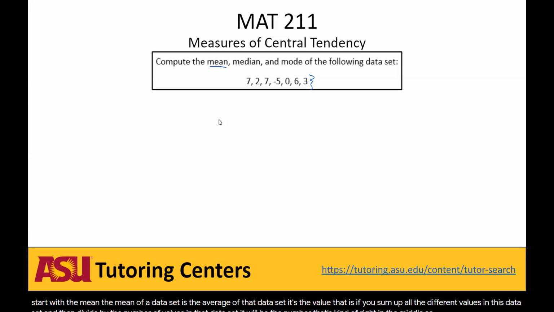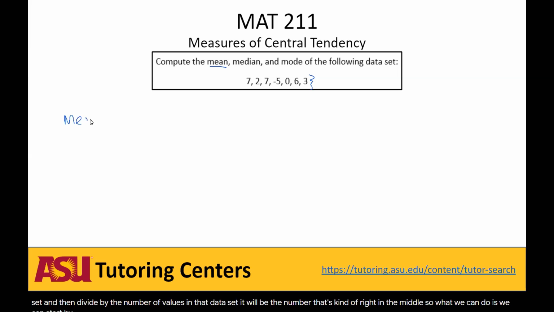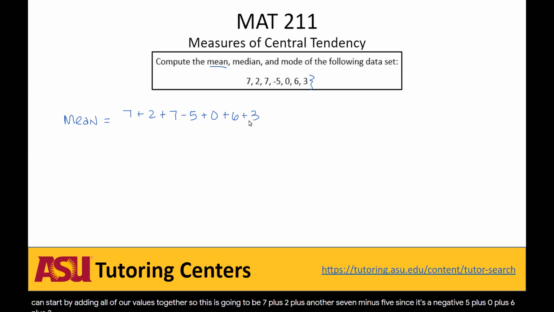So what we can do is start by adding all of our values together. So this is going to be 7 plus 2 plus another 7 minus 5, since it's a -5, plus 0 plus 6 plus 3.